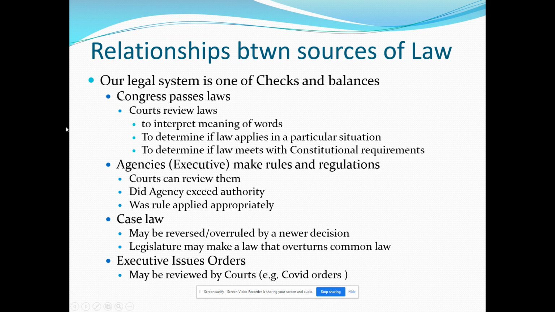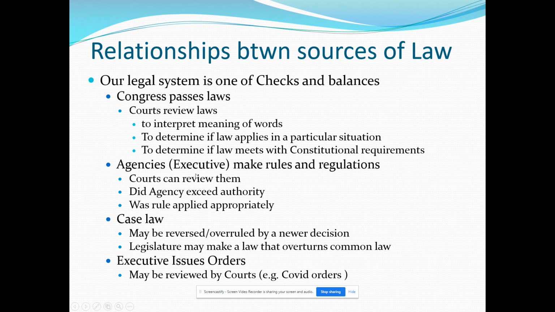Okay, and then the courts can review the laws. They can review the laws if a case has been brought to interpret what the meaning of the words in the laws are, to determine if the law applies in a particular situation, or to make sure that the law does not exceed the requirements in the U.S. Constitution or the state constitution, for that matter. So the courts check the lawmakers.